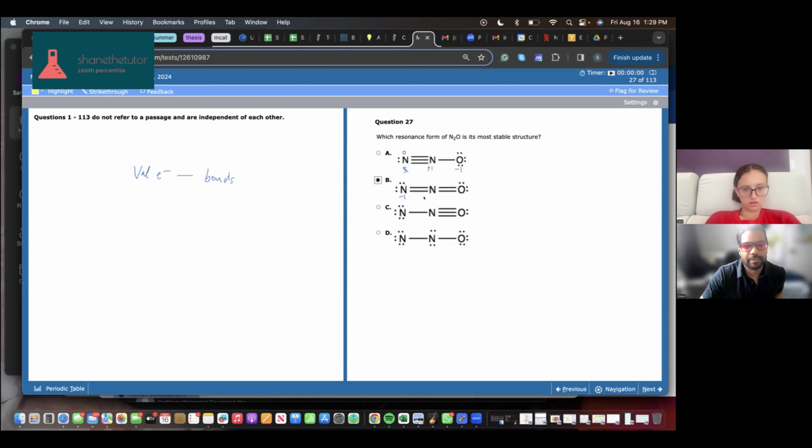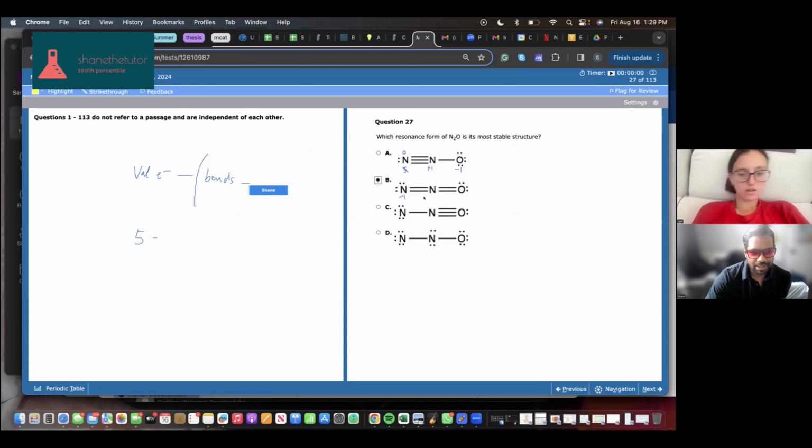So it's two, not one. Nitrogen has five valence electrons minus these, one, two, three, four, which is what we have. So this is really bonds plus lone pairs or lone electrons.